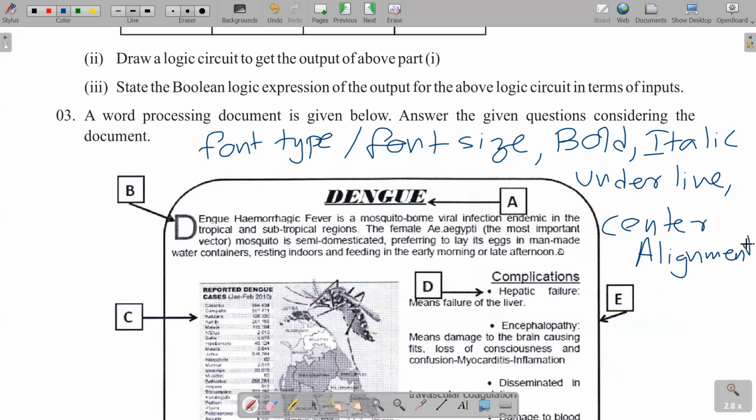Right, so those kind of things can be taken. Right, so any 4 of this will give you 2 marks.